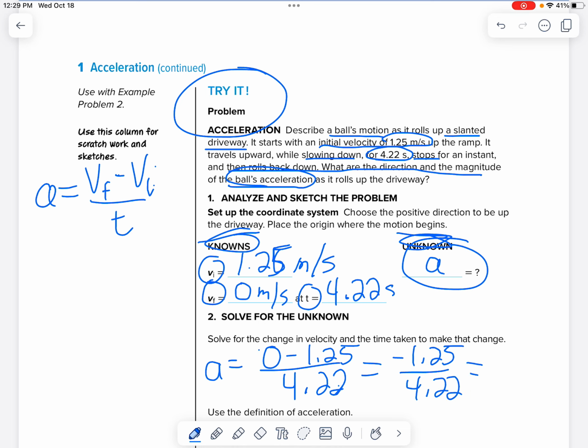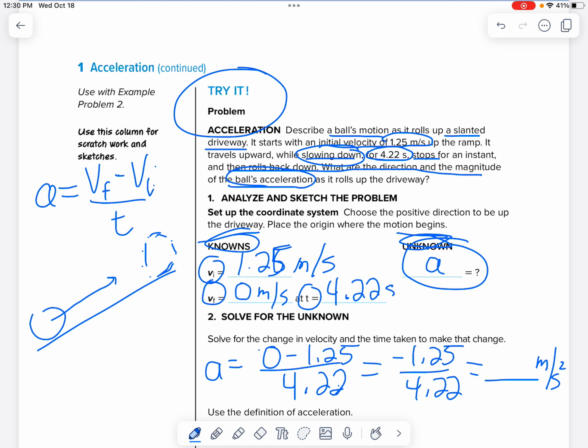I'll point out that this should be a negative number. Why? Because it's slowing down. It's going up a ramp, and it's slowing down until it comes to a stop up here, and that's the movement that we're interested in. If it's slowing down, it means the acceleration is going to be negative. This acceleration, when you get the answer, has to be expressed in meters per second squared.